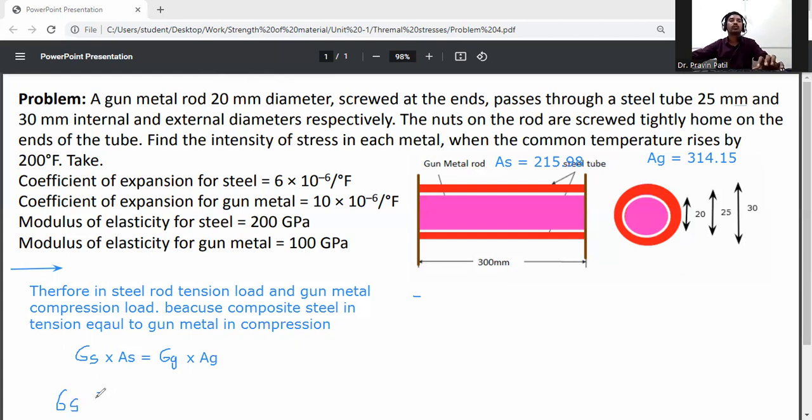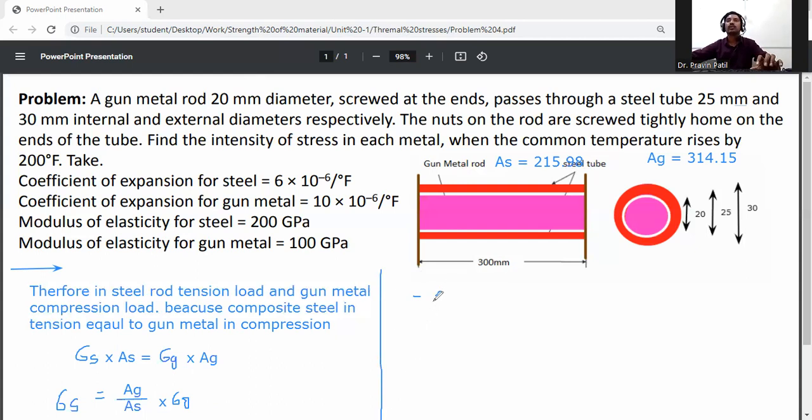Sigma s, stress in steel, is equal to Ag by As into stress in gunmetal, sigma g.